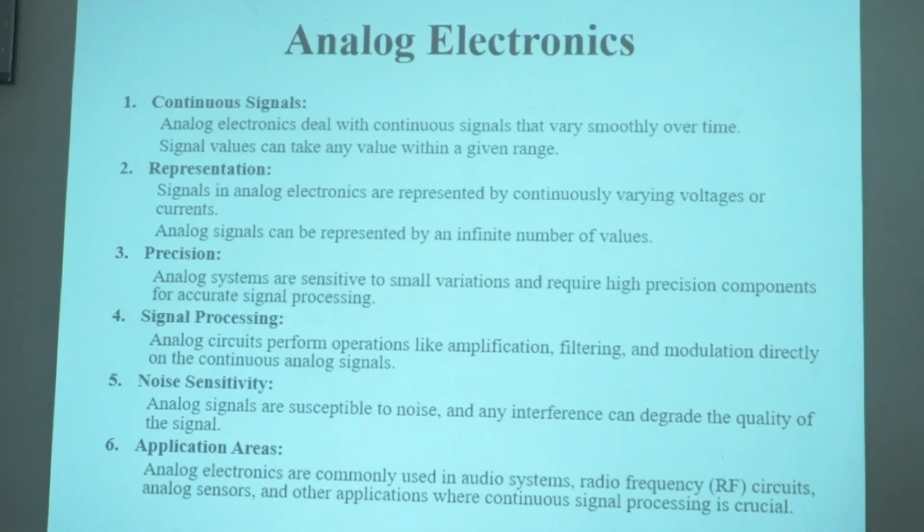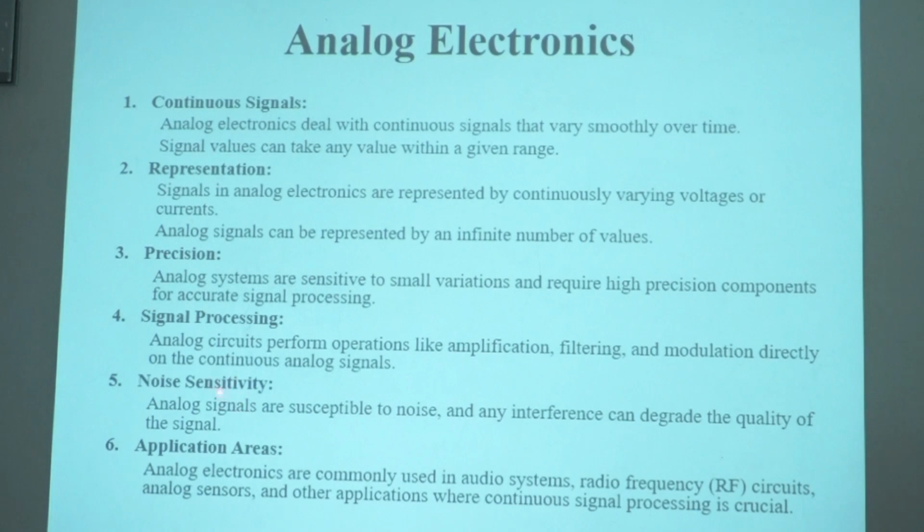We have also seen that analog signals are very sensitive to variations and require high precision components for accurate processing. When we talk about signal processing, analog electronics performs basic applications like amplification, filtering, modulation, etc., on the continuous analog signals.